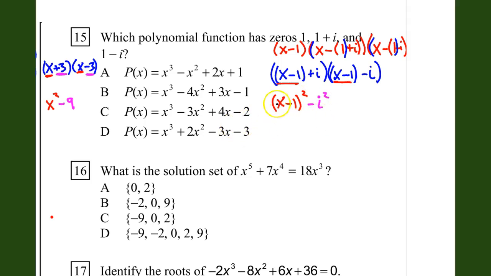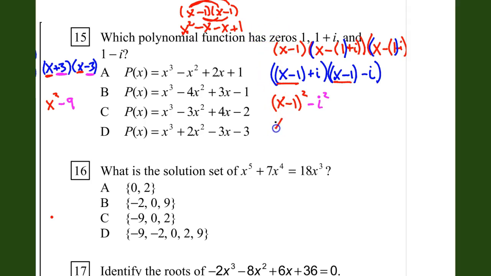If we expand this a little bit, x minus 1 times x minus 1, we get x squared, and then minus x again, and then negative 1 times negative 1 is positive 1.